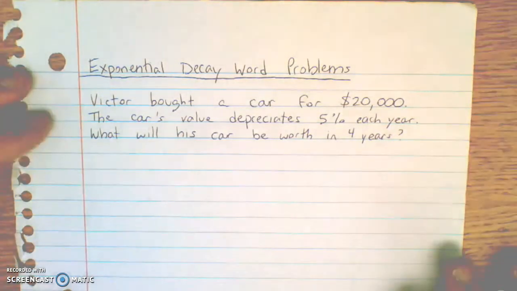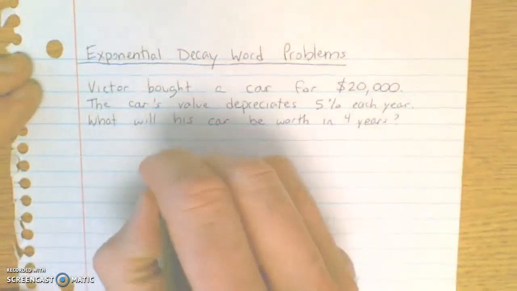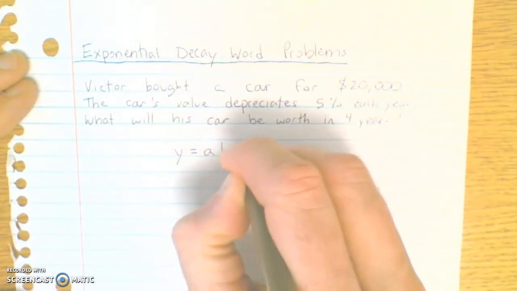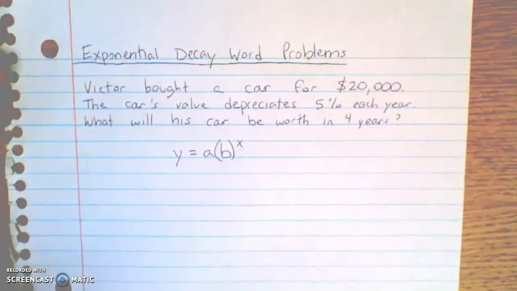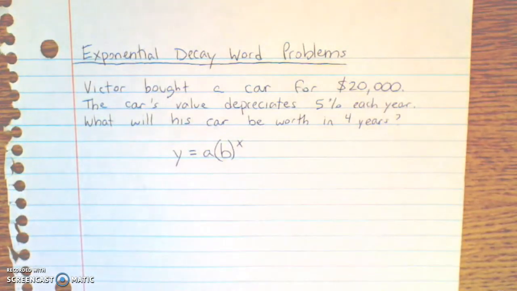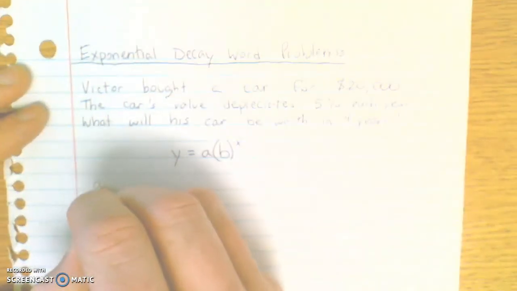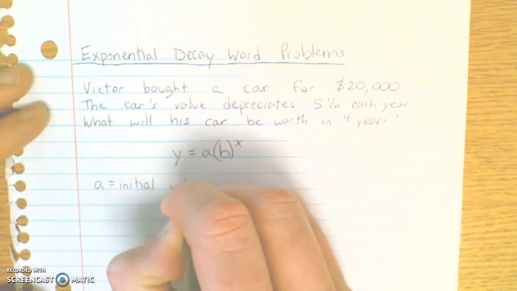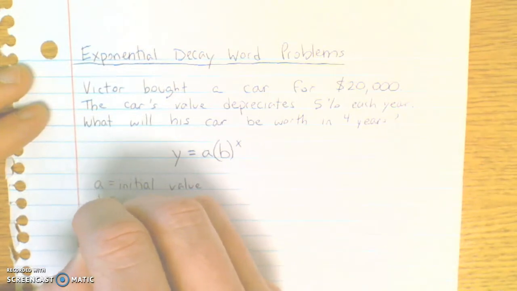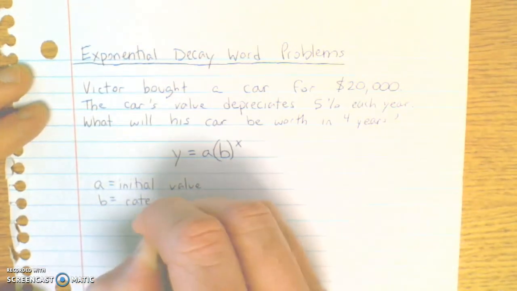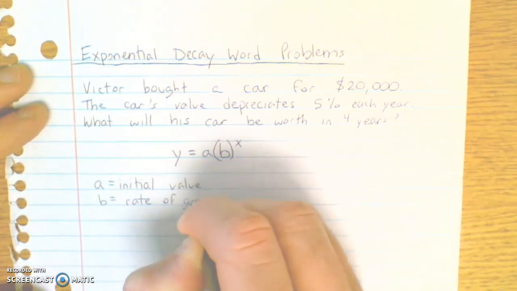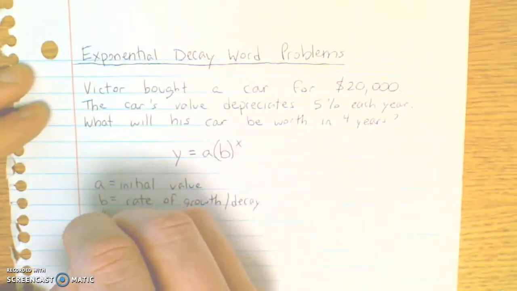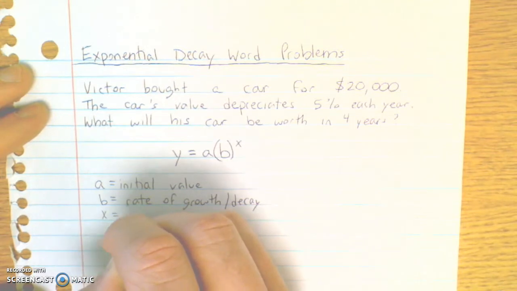So we're going to go back to that equation that we used, y equals a times b to the x. And remember, a is your initial value, b is your rate of growth or decay, since we're decaying in this problem, and then x is your units of time.